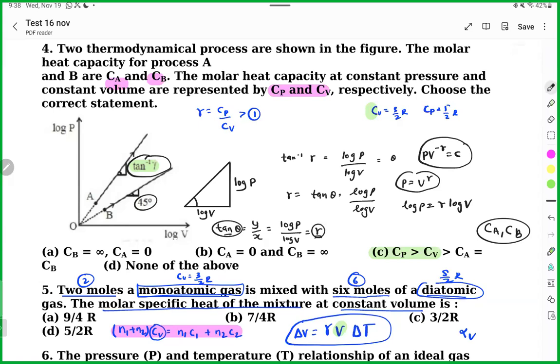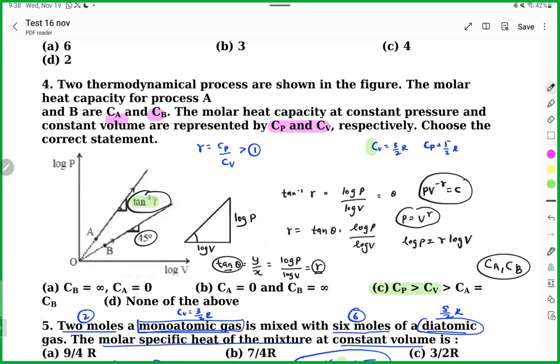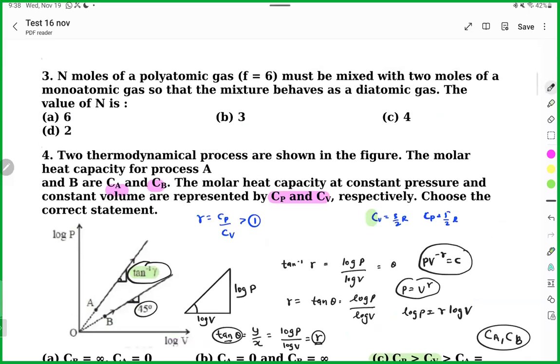Let me tell you in the easiest way. Forget about everything, I am not telling you any math. Tan 45 value is equal to 1. And here, in case of A, tan theta is equal to gamma, and gamma value is always greater than 1.